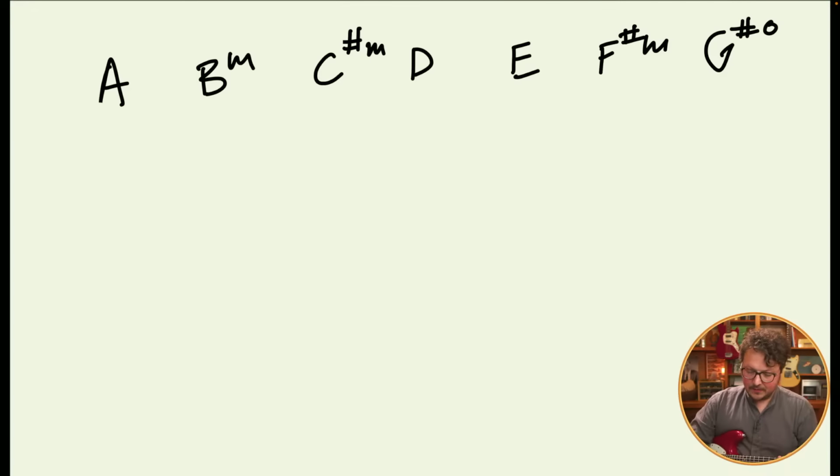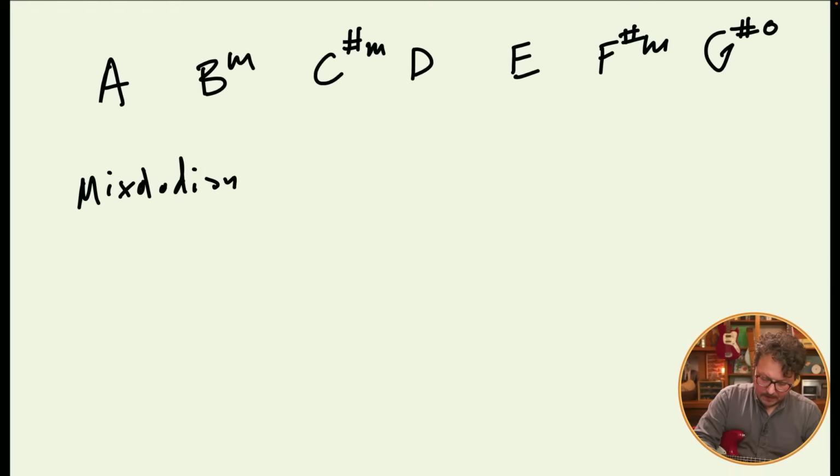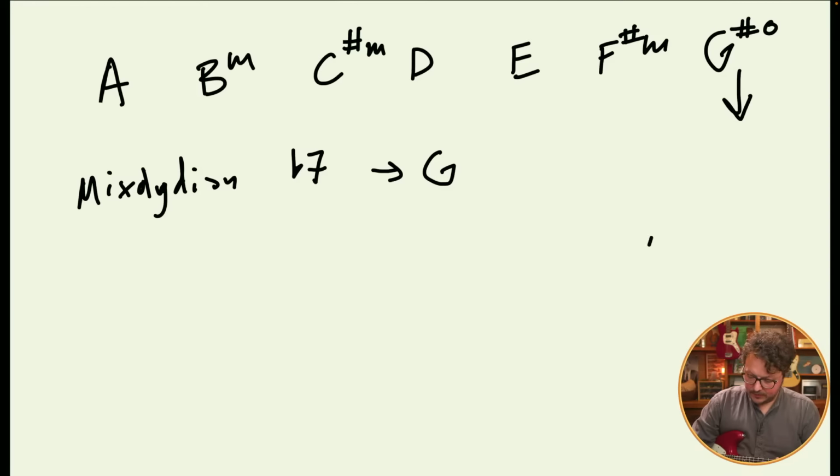We're just messing around. So with Mixolydian, remember, it basically is a major scale, but with a flat 7. So that means, in this case, we have a G instead of a G sharp. Well, that turns this chord right here. Here, I'll show you on the wheel.